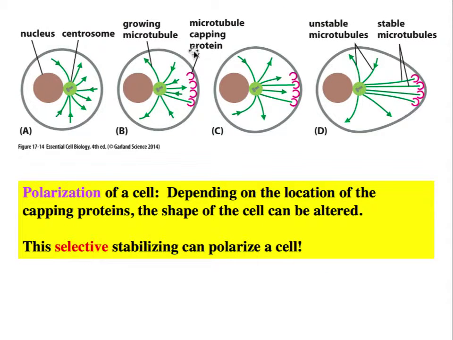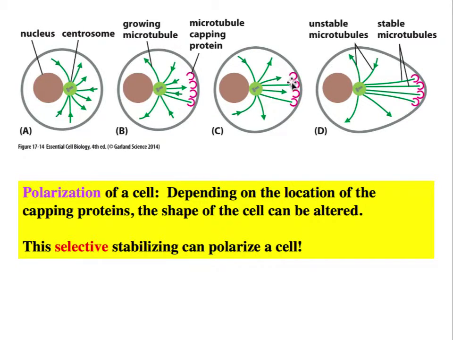The stabilizing proteins are normally called microtubule capping proteins, or they could be structures on the centromeres of chromosomes, as we'll see later on in another chapter. What this slide is telling us is that if one side of the cell wants to, it can deposit these capping proteins, and that will automatically allow any wandering microtubules to be captured and stabilized.